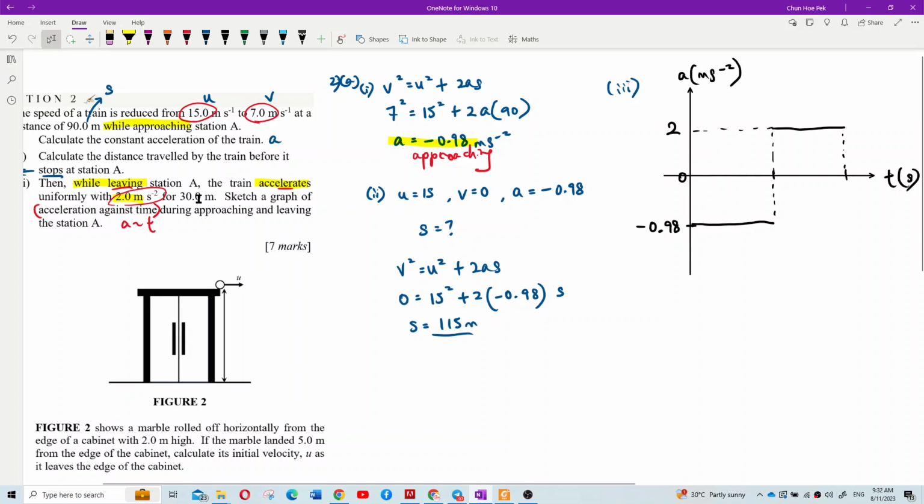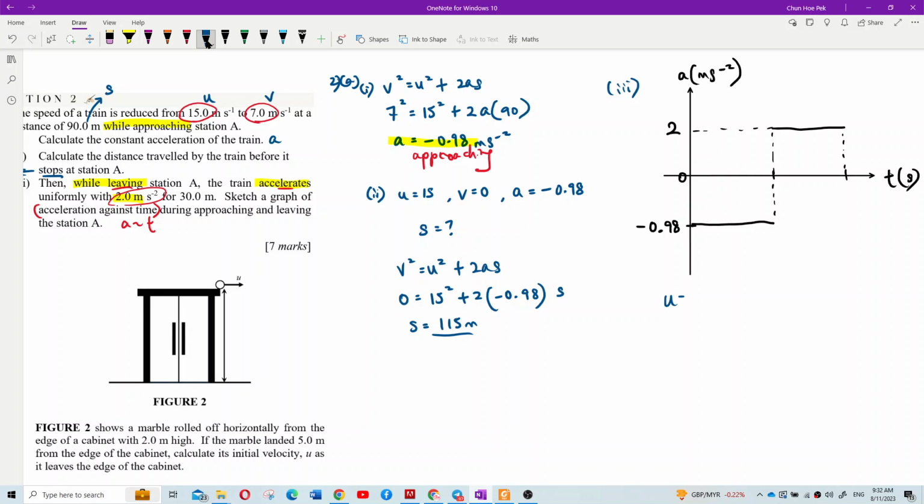So this 30 meter helps you find the time over here, and the time over here you need to find from the speed becoming 0. Can you do it? All this while we didn't mention time. You need to find the time.